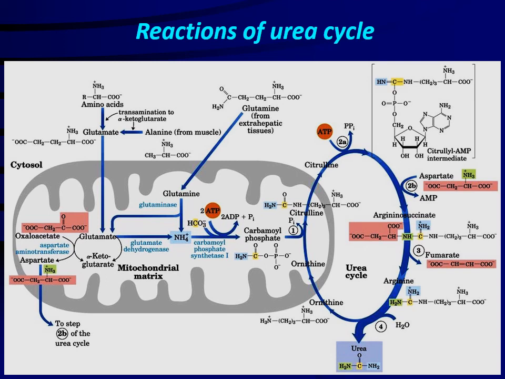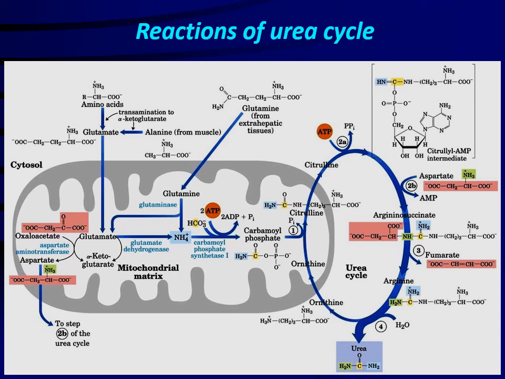The carbamyl phosphate now enters the urea cycle, which entails 4 enzymatic steps. Carbamyl phosphate donates its carbamyl group to ornithine to form citrulline and release inorganic phosphate in a reaction catalyzed by ornithine transcarbamylase.